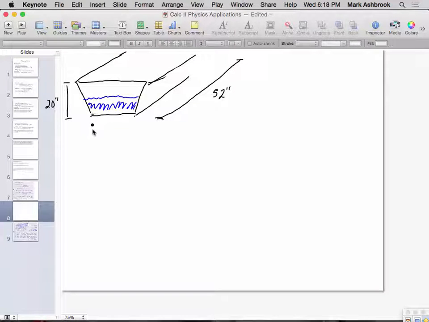And at the bottom, it's 27 inches, and at the top, it's 32 inches.